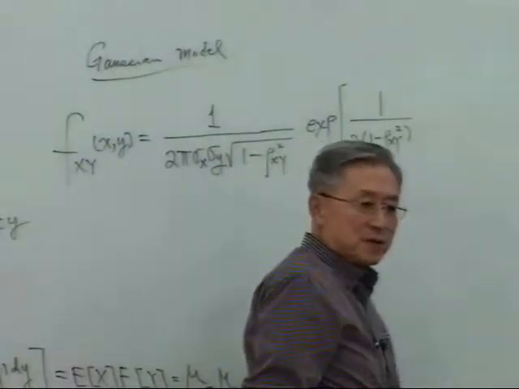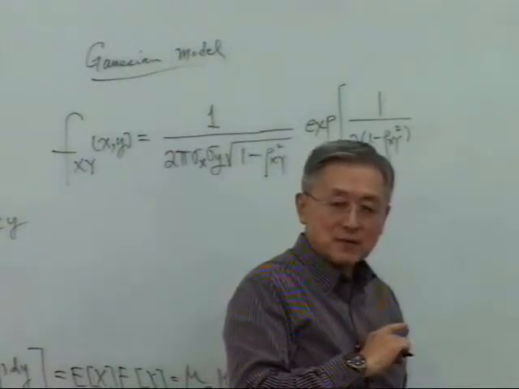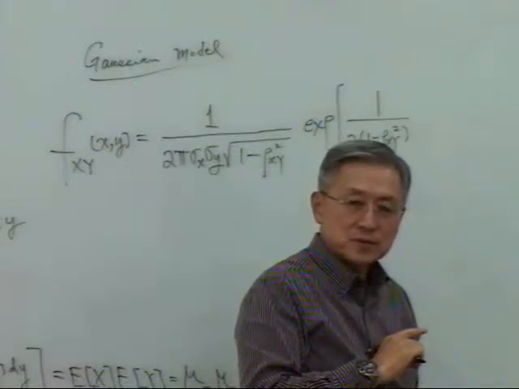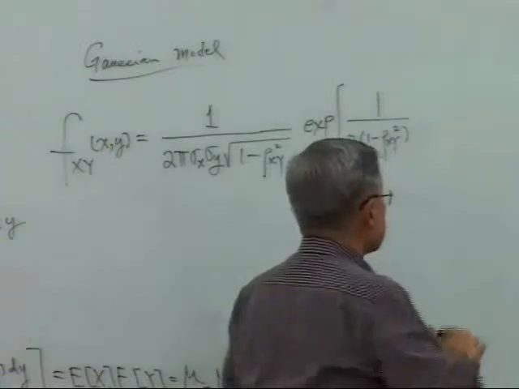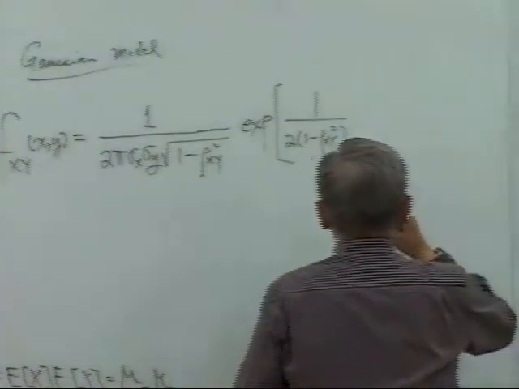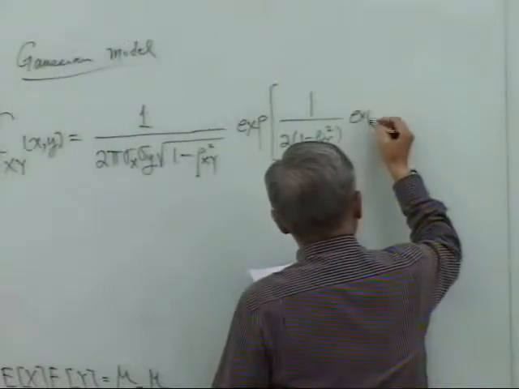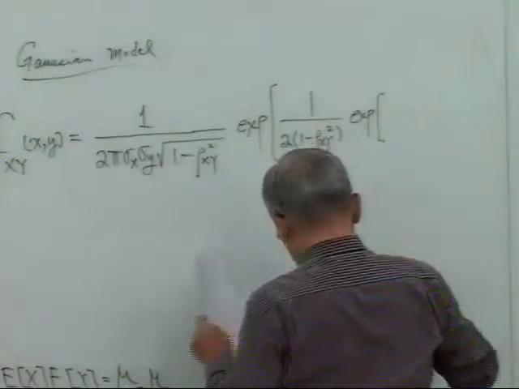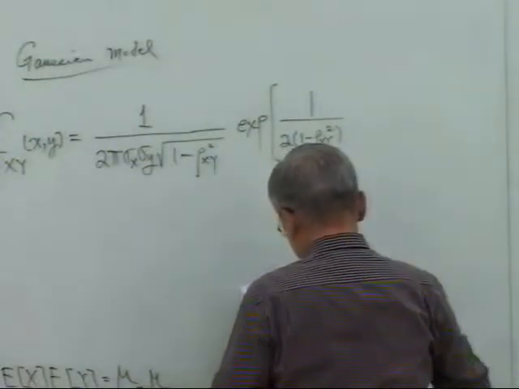If X and Y are uncorrelated, that rho xy, rho is called the coefficient of correlation, or correlation coefficient, is equal to 0, because there is no correlation. But in this case, it's a general exponential function. Oh, it's already an exponential function.